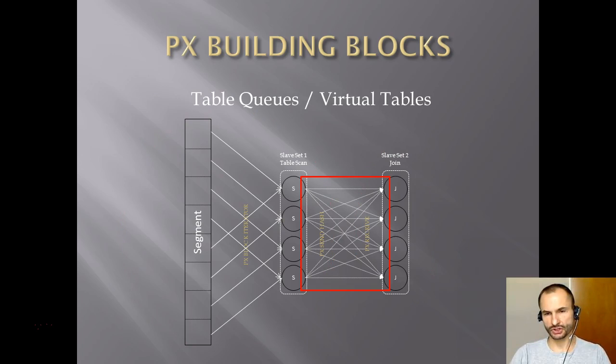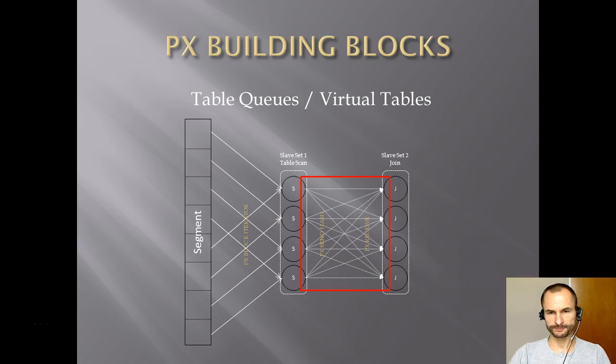Also, the construct that gets used by Oracle to exchange this data, to send and receive the data between these two sets, is called a table queue, and sometimes also called a virtual table. This is a kind of in-memory construct, a message pool that gets allocated from the shared pool or from the large pool, where corresponding buffers get allocated, and one set puts data into these buffers and the other set receives the data by accessing these buffers.